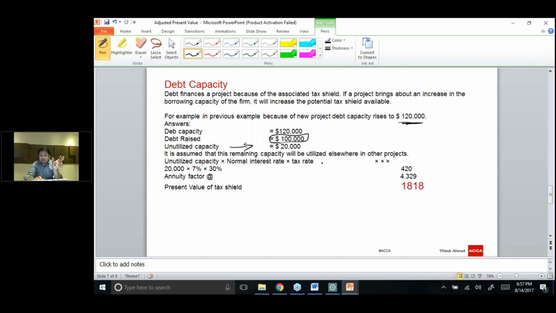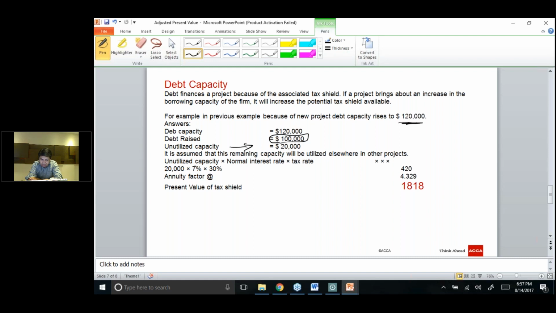So you are going to take assumption that you will use this unutilized capacity in a shape of borrowing in some other projects. And if you are getting saving in other projects because of this project, obviously you are going to cover that saving in this project.